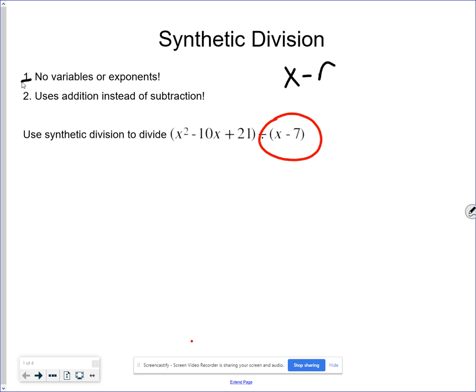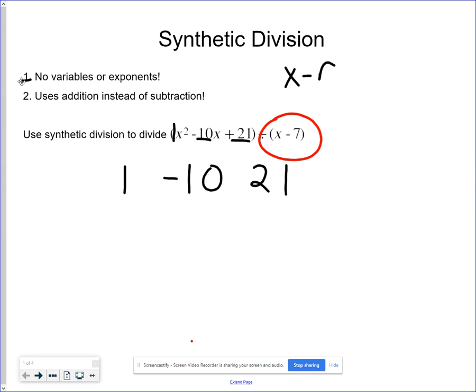So we'll start off by just reading off our coefficients. So we have a 1x squared, a negative 10x, and a 21. So I'm just going to write those down. 1, negative 10, 21. Now, the first rule, it says no variables or exponents, so we're going to ignore those for now.